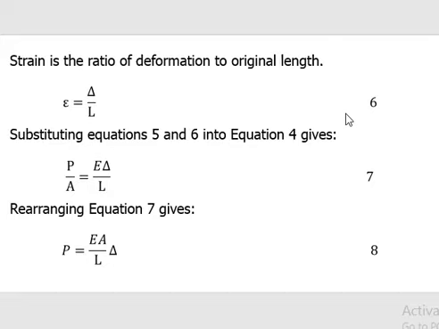That is, load over area equals Young's modulus times delta all over L. Upon rearranging equation 7, we will get an equation for loads, which is Young's modulus times cross-sectional area divided by the original length, times the deformation. That is what you are seeing on equation number 8.